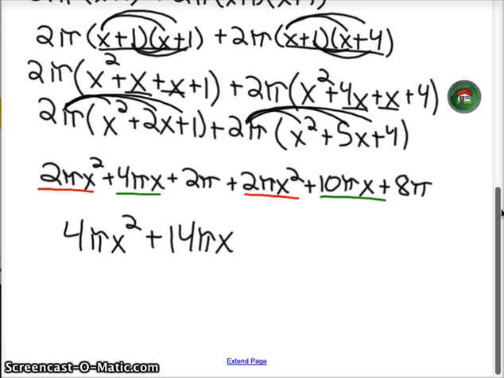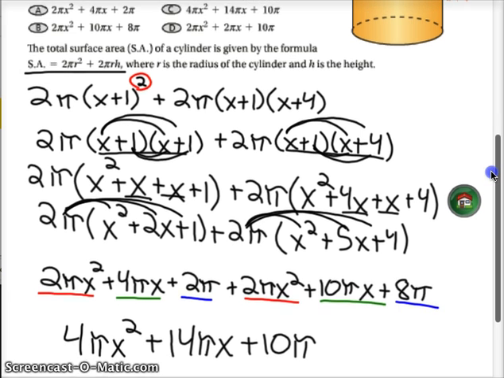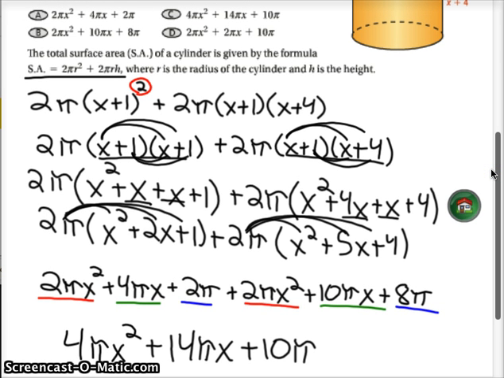And now I see 2 pi and 8 pi. Well, 2 plus 8 gives me 10 of those pi's. So writing it in standard form, this is what I get. So I need to go back up after doing that and now see which one of my answers fits that. Well, that is looking like option C. So C is going to be my answer.